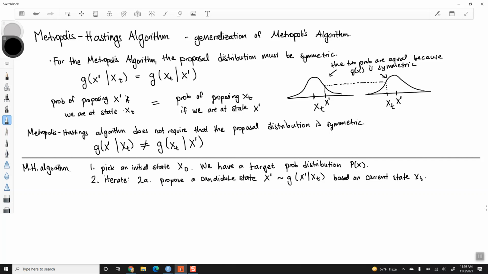Okay, so we propose a candidate state x prime, and then we will calculate the acceptance probability.